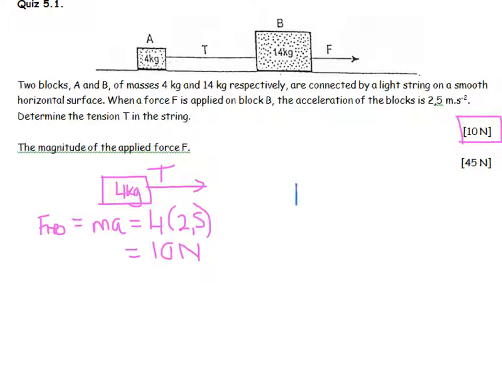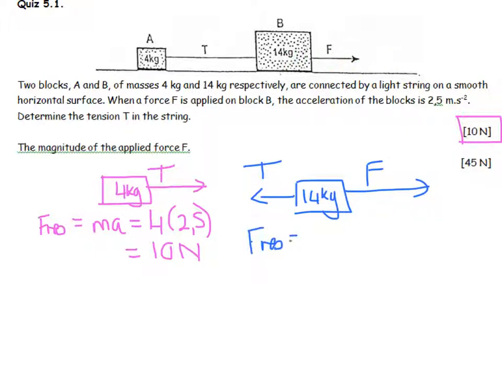The next one is 14 kilograms, and I have a horizontal applied force, and I have a tension acting backwards. This system is obviously going to move forward because this is the applied force and there is no friction, so there's nothing holding the system back at all. So force resultant is equal to big minus small.